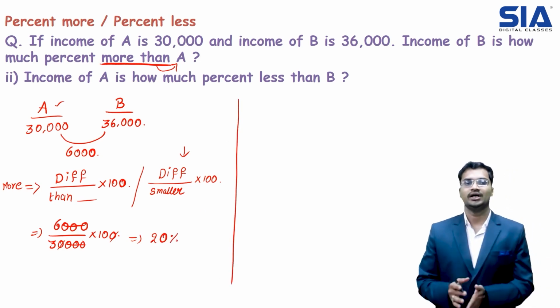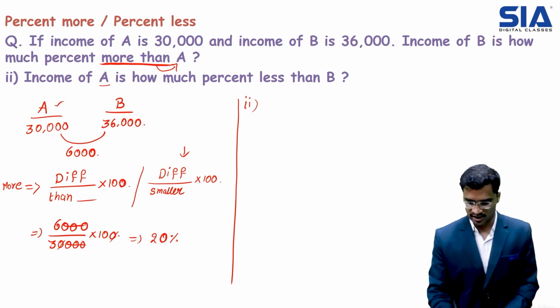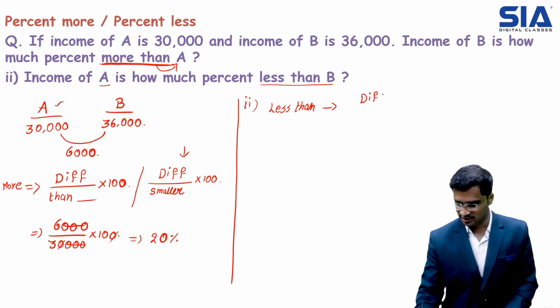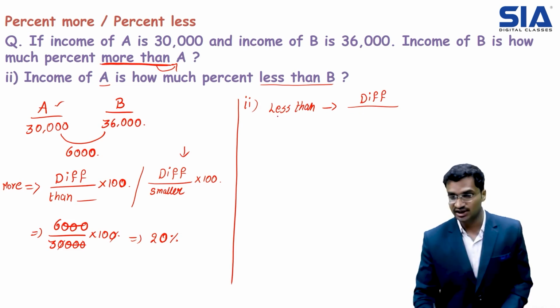In the same way, he is asking income of A is how much percentage less than B. So he is asking less than. I have to do difference divided by the after-than value, and since he is asking less than, I have to write the bigger number into 100.